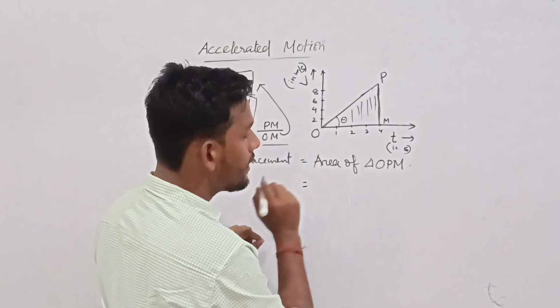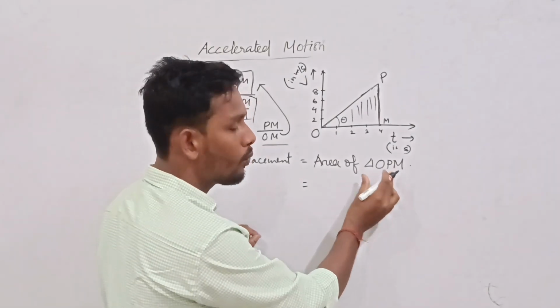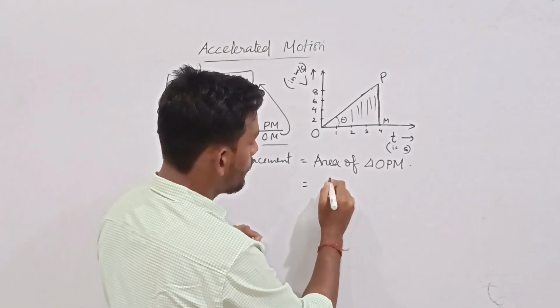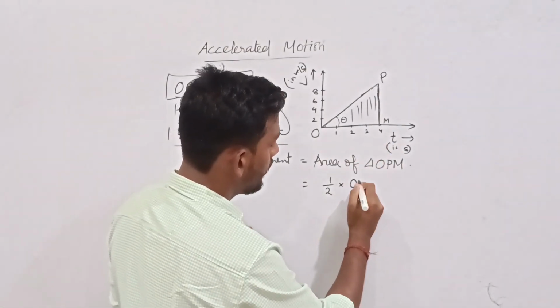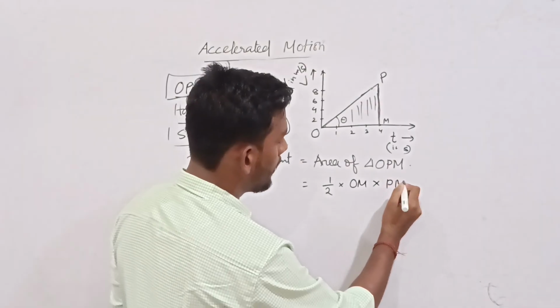When you find the area of triangle OPM, the area of the triangle is half into base into height PM.